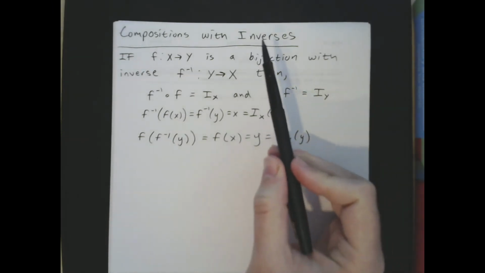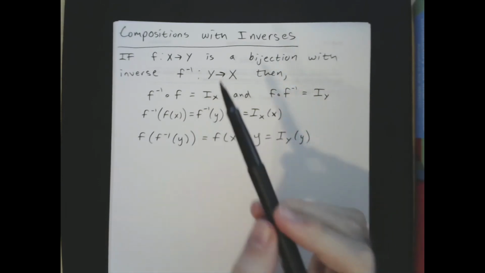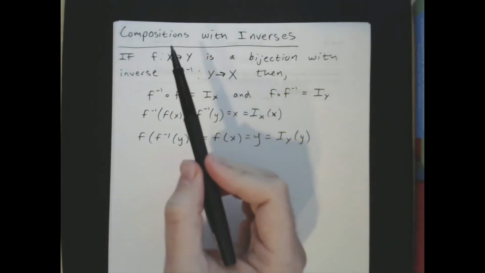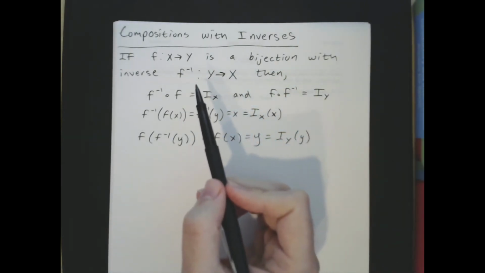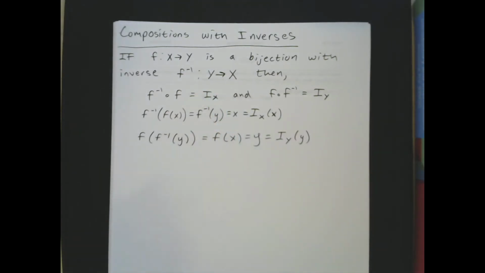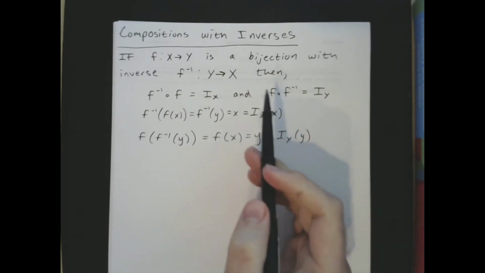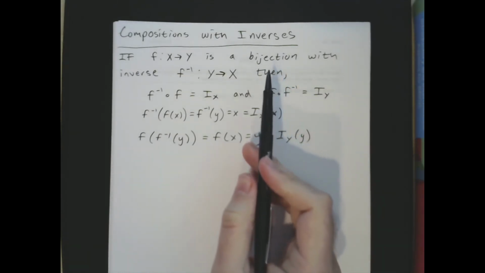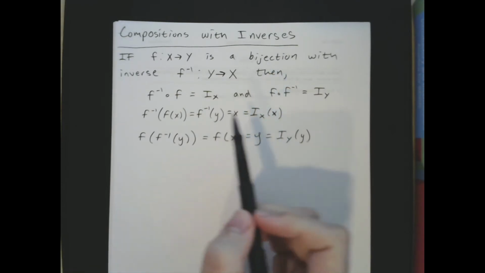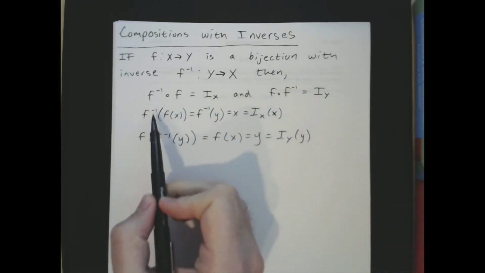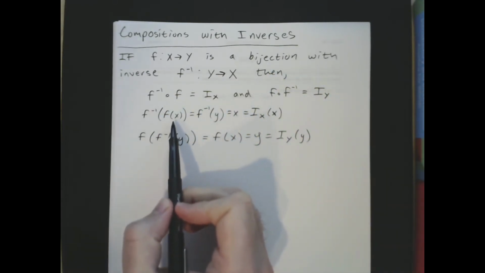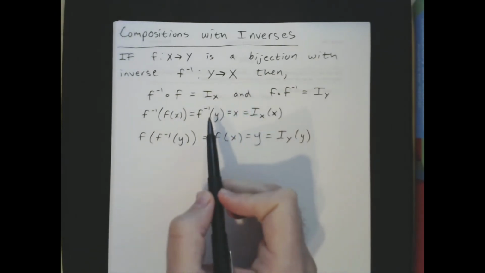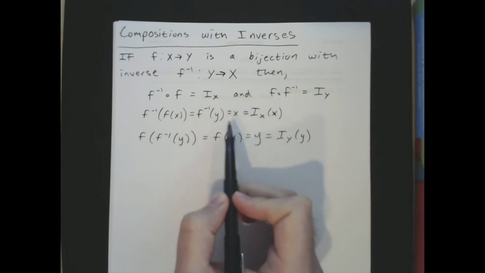So let's talk about why we needed a bijection. So we know we need our function to be injective to even have the inverse in the first place, right? We have to pass that horizontal line test like we would have done back in algebra, but injective functions are invertible. We need the surjective property for our function when we take f inverse composed with f. So the reason we need this to be surjective is in this step right here.